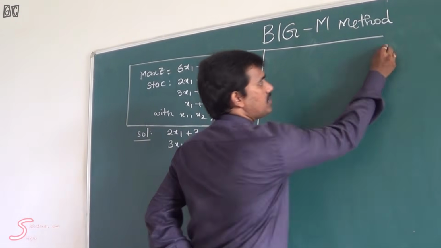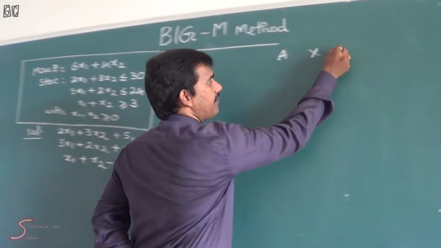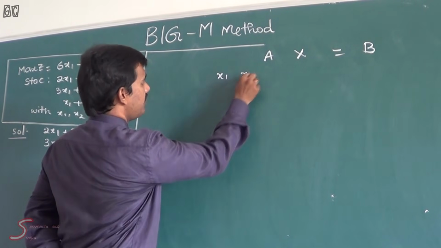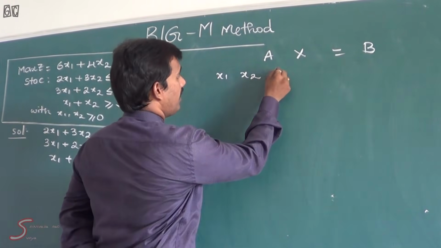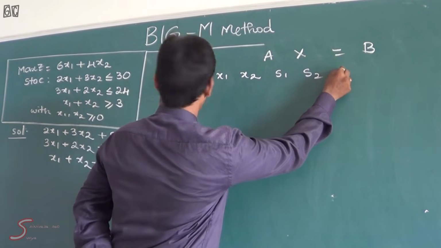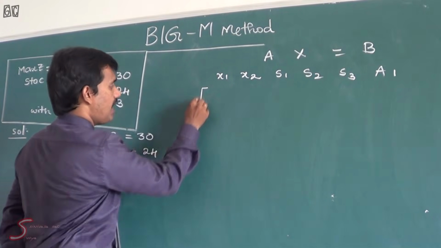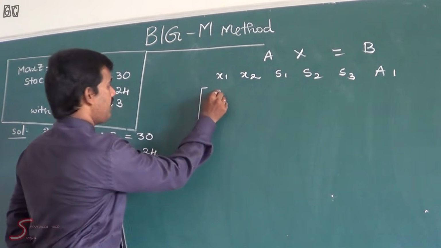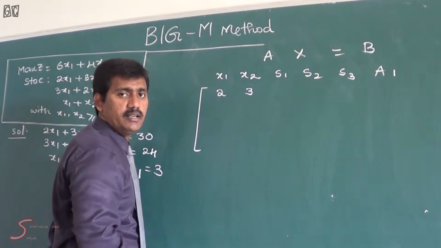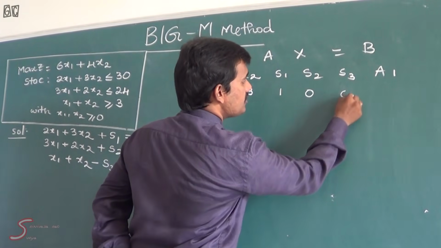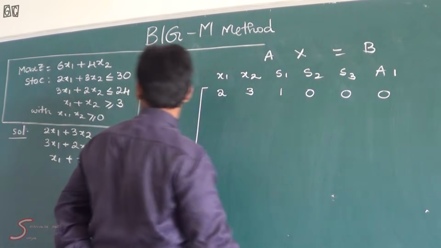Now after this we have a step: the standard form of the matrix is AX equal to B. Let's write down all the variables: x1, x2, s1, s2, s3 and a1. Simply we write down all the matrices. For x1 we have 2, 3, and in the first equation we have s1 with coefficient 1 and no other variables.